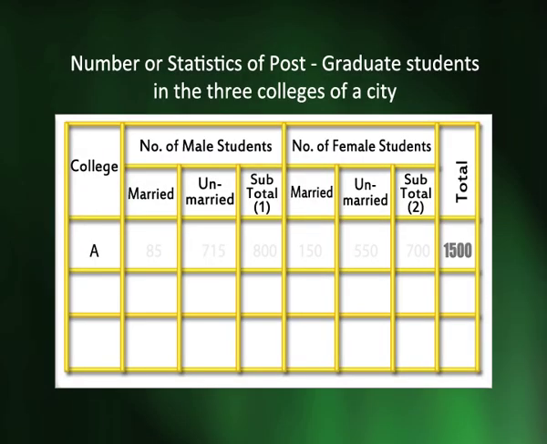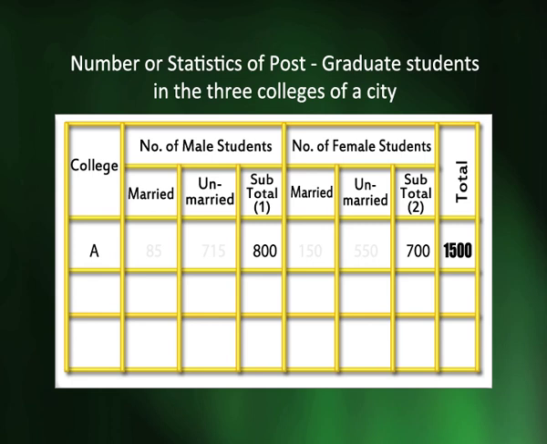Further, the students are also classified as per their sex. For example, in college A, out of 1500, there are 800 male students and 700 female students. This information is further classified as per the marital status of the students.